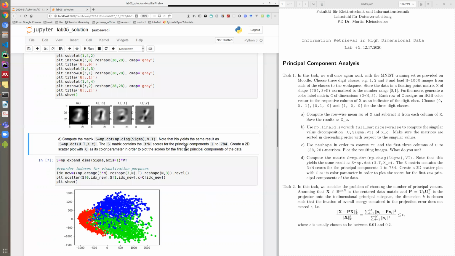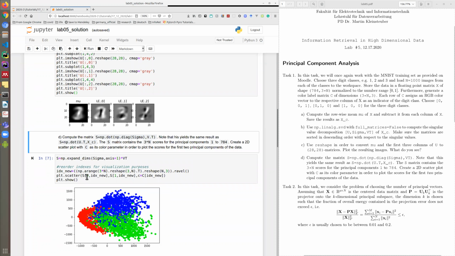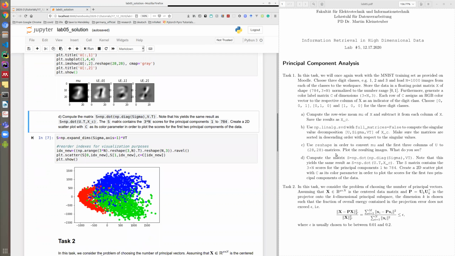So now we come back and do task D as we've been asked. We name this matrix the S matrix. The S matrix contains the 3n scores of the principal components 1 to 784. Create a 2D scatter plot with C as the color parameter in order to plot the scores of the first two principal components of the data.